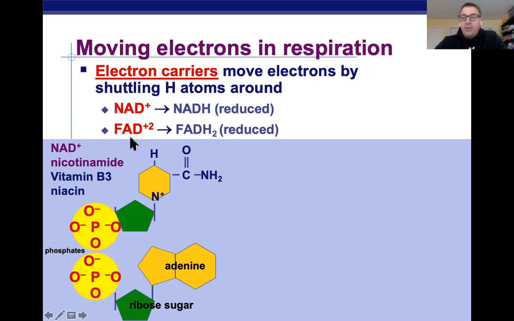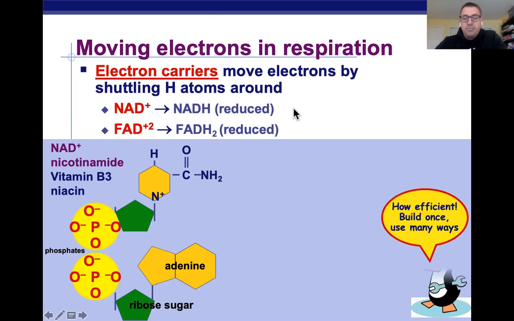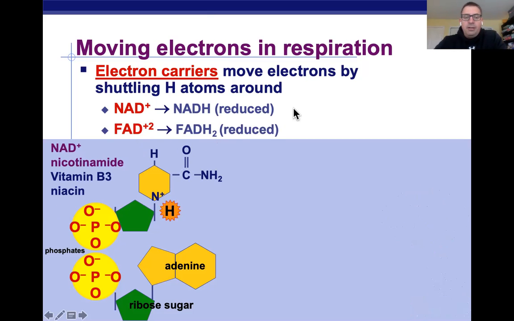Another less commonly used but still sometimes used electron carrier in the cell, a very close cousin of NAD+, is FAD+2, which is flavin adenine dinucleotide. It also picks up hydrogen atoms and becomes reduced, becoming FADH2.